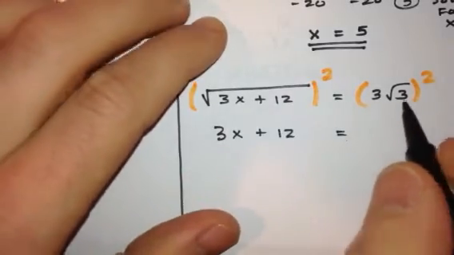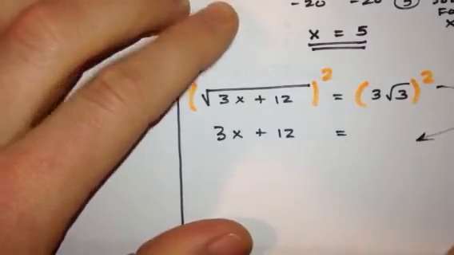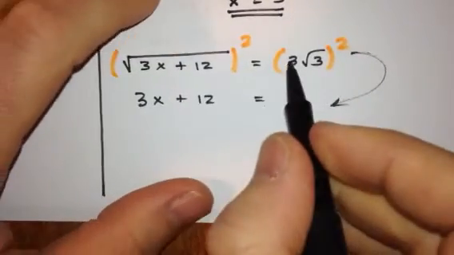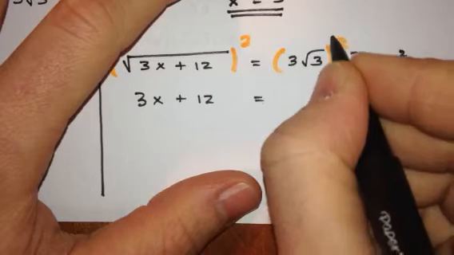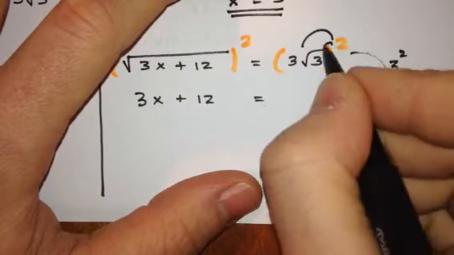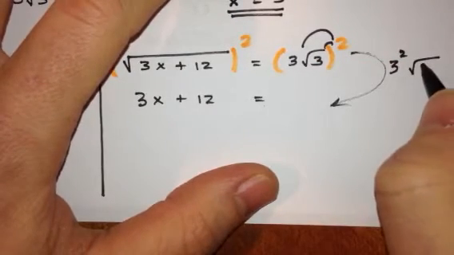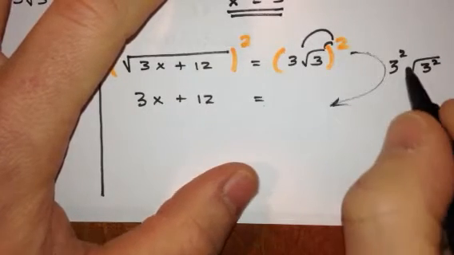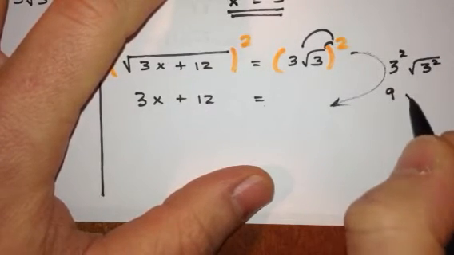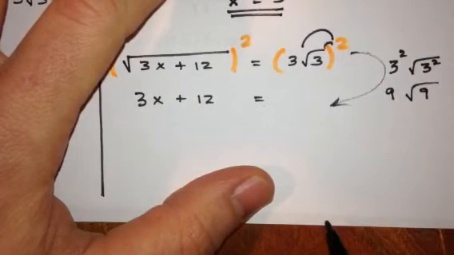On the other side, this might take a little bit of work. If you want to square 3 roots of 3, that means that you square the 3, kind of like distributing the power, and then you square the radical 3. Okay? So here we get 9, here we get radical 9.